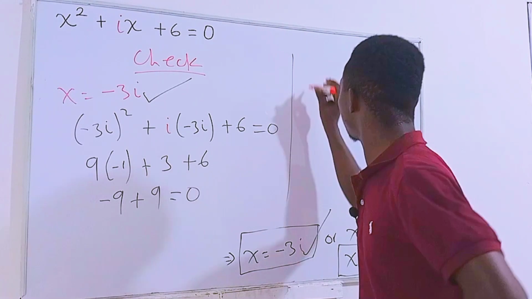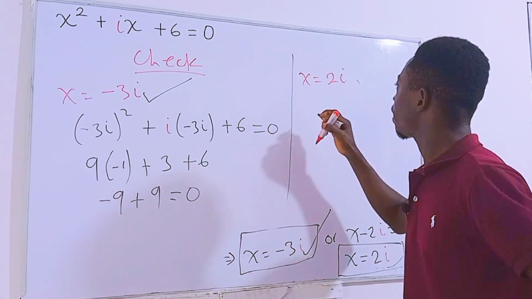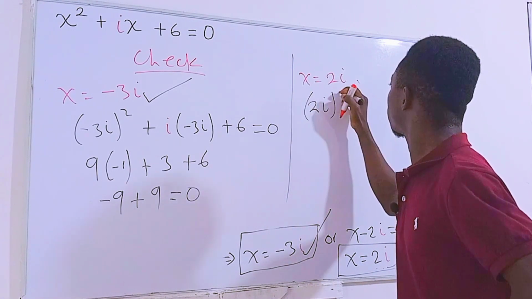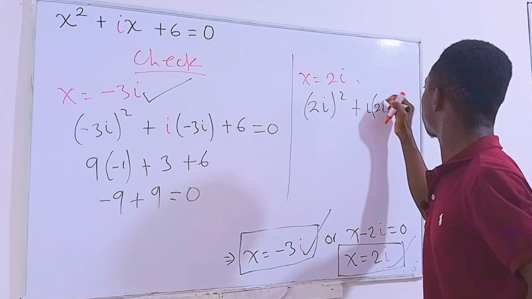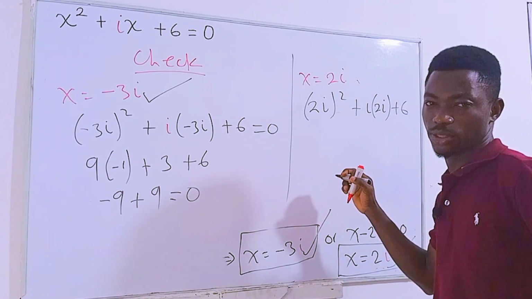In the same way, if x is equal to 2i, we are going to have 2i squared, then plus i times 2i plus 6. Let's see whether we get 0 for that.